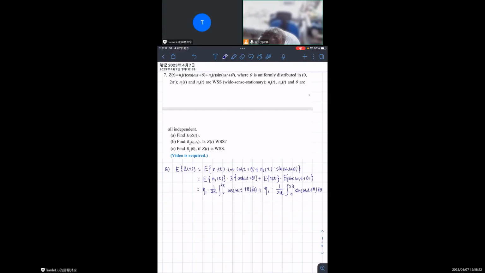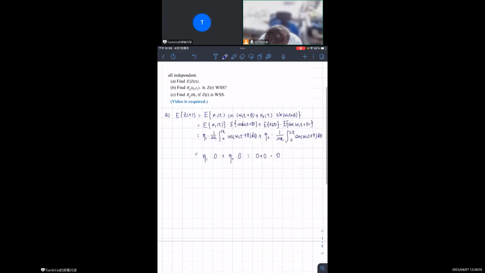So both integrals are obviously equal to 0, which means the final expected value of Z(t) is equal to 0. So that's it for problem 1, part A.